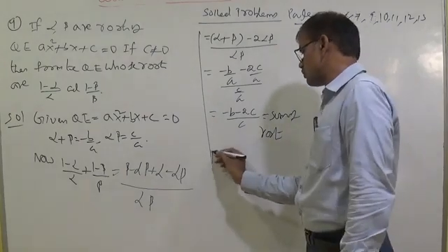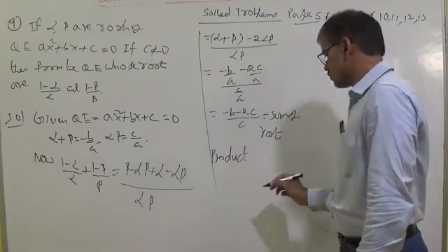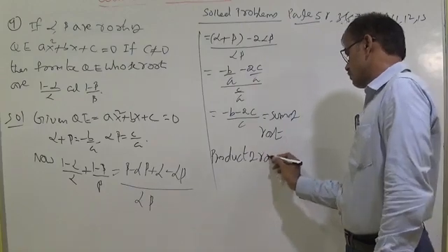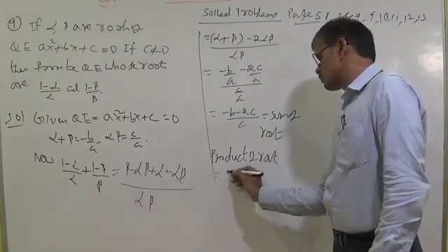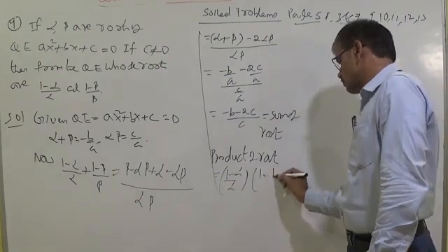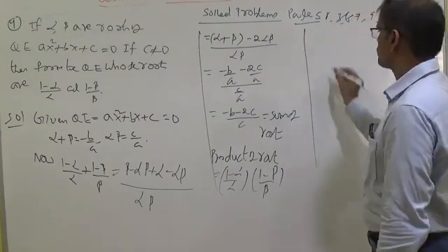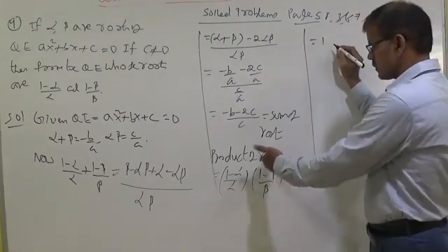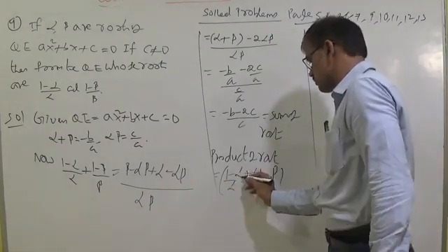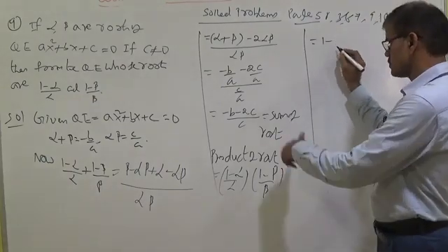Now you can write the product of roots. That is what we should calculate now. Product of roots is equal to 1 minus alpha by alpha into 1 minus beta by beta. Now multiply 1 minus alpha into 1 minus beta: 1 ones are 1, 1 minus alpha minus beta.